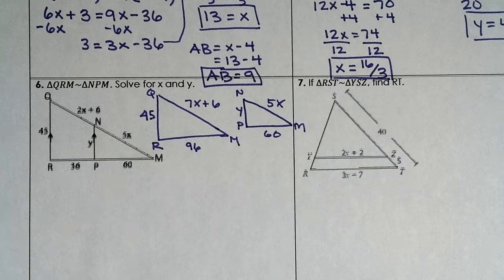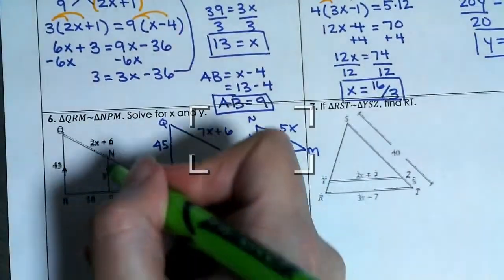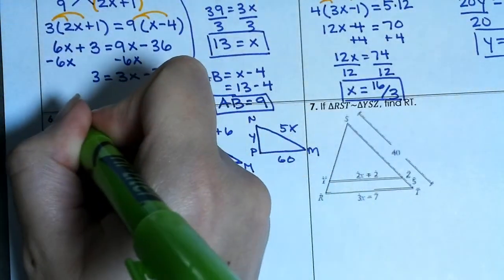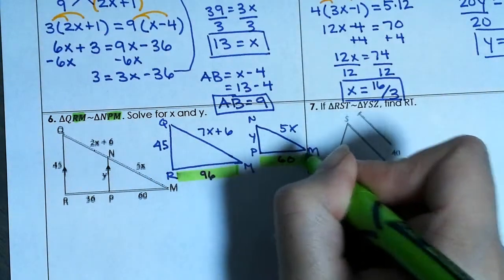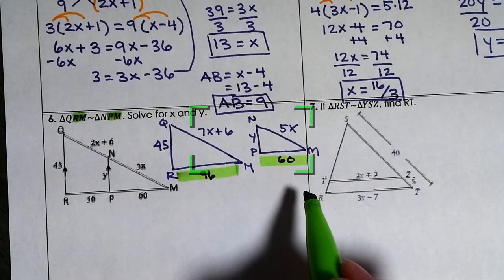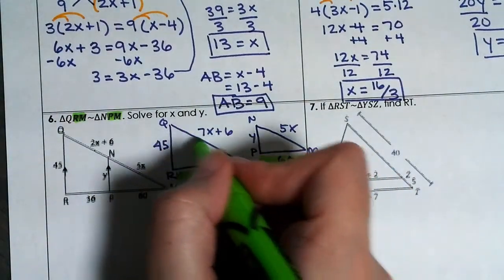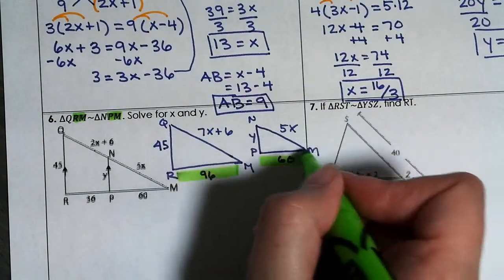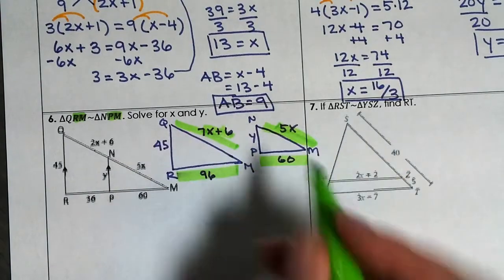You always want to find two sides that are just numbers, because that's going to help you find your scale factor. So I see that RM corresponds with PM, and they are both numbers. So now I know that I can use 96 over 60 as my scale factor. And I see that QM and NM, that's going to help me find x.